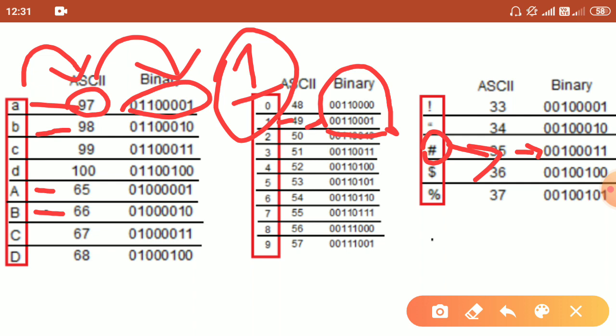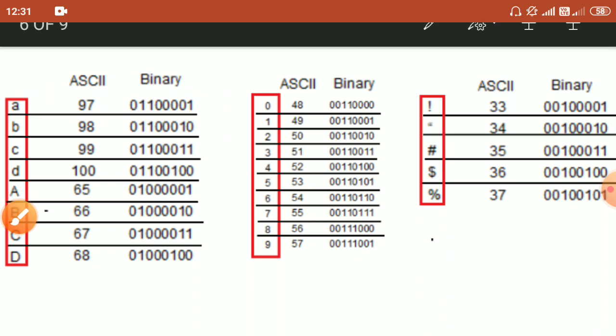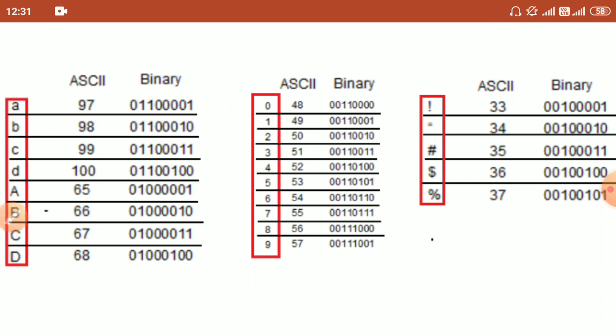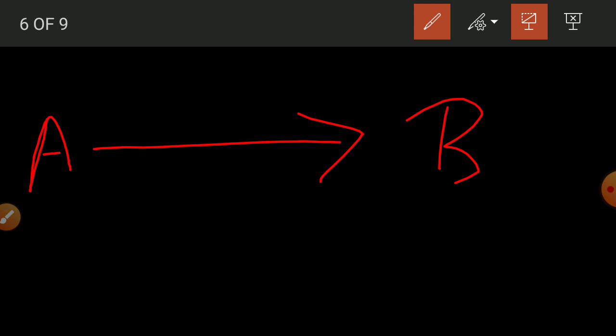Now, since all the characters are represented as numbers, let's imagine a scenario here. Let's say there are two friends, A and B. A is trying to send some message to B through WhatsApp.